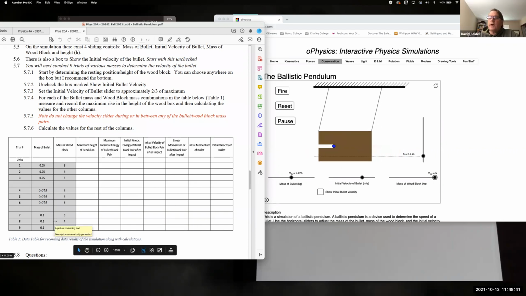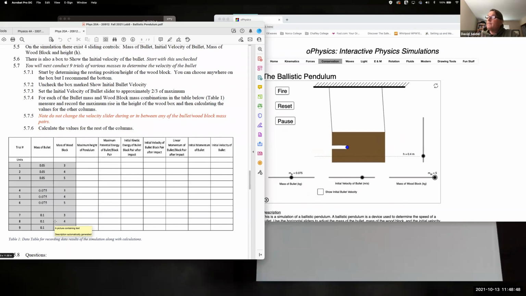You're not measuring the velocity, you're determining the velocity based on measurements. What are you measuring? If you were in a lab and taking these measurements, what would you be measuring? I know you guys know this, so put yourself out there, risk saying something wrong.